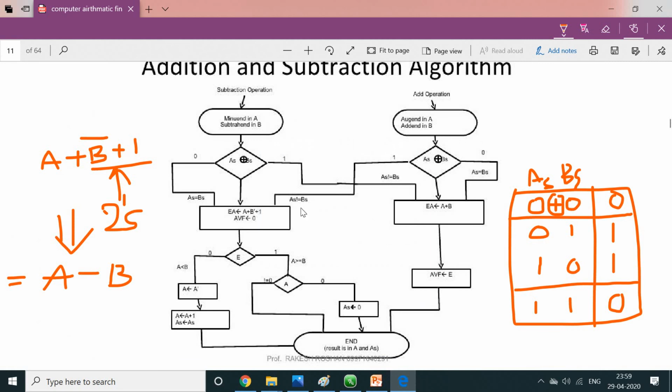In this case, if the E bit equals 0, that indicates the result is negative. If the E bit equals 1, that indicates positive.